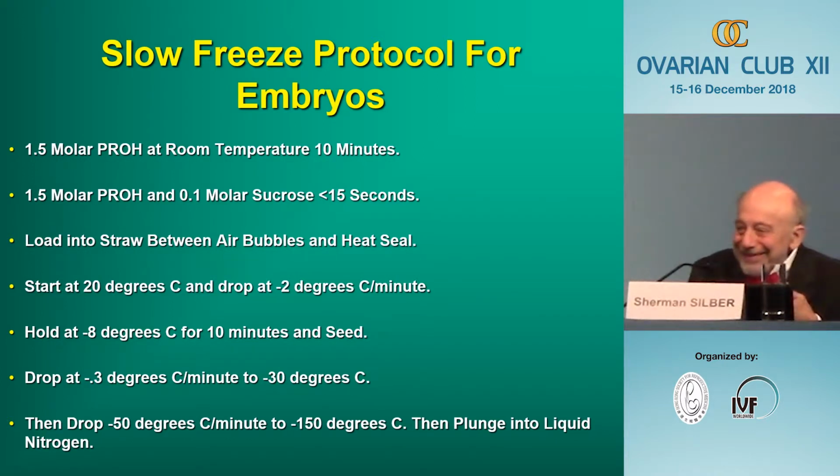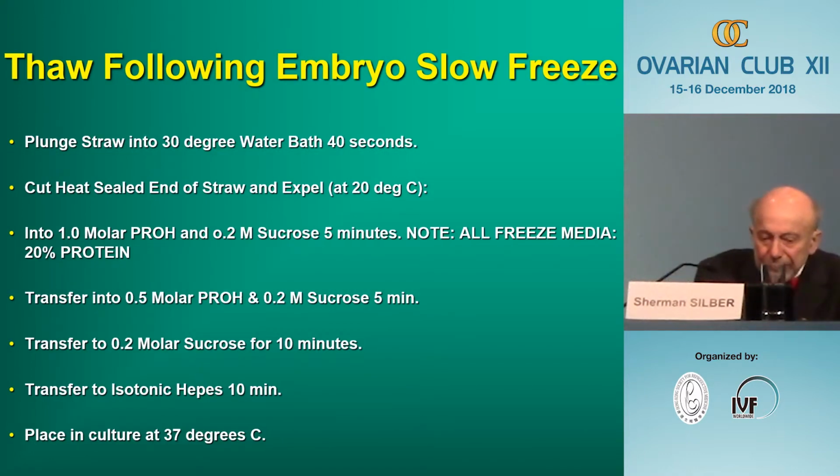So at some point, there's going to have to be vitrification of ovarian tissue because you don't even have a freezing machine in your lab. But slow freeze works just fine for these resting eggs that are only 30 microns in diameter without a metaphase spindle. At any rate, I can send you our protocols for everything.